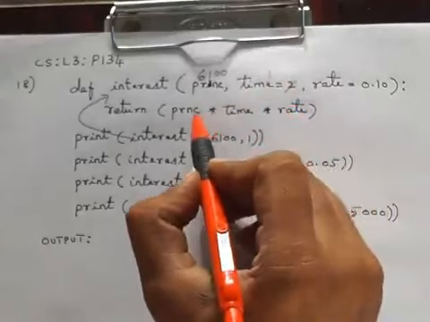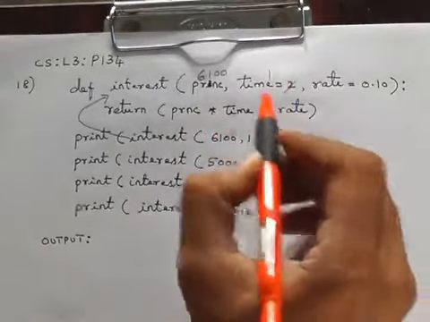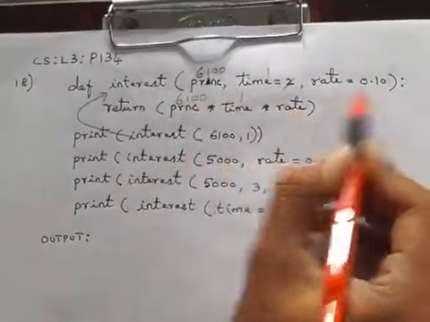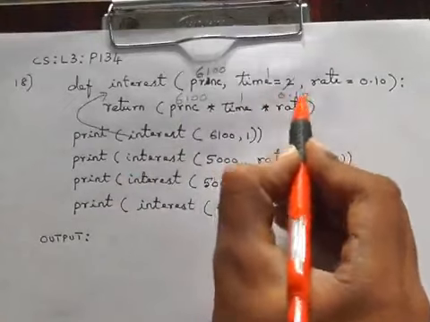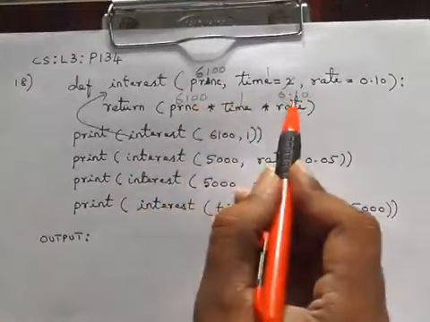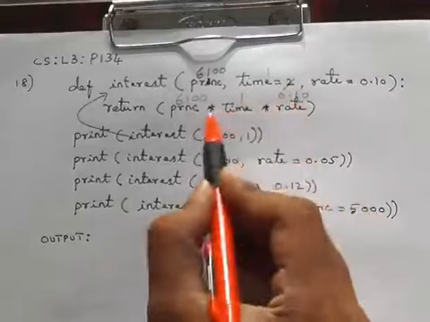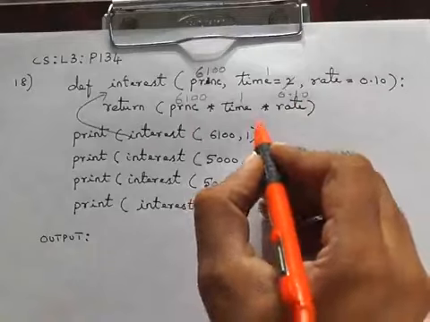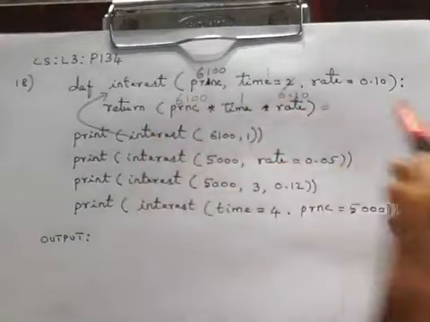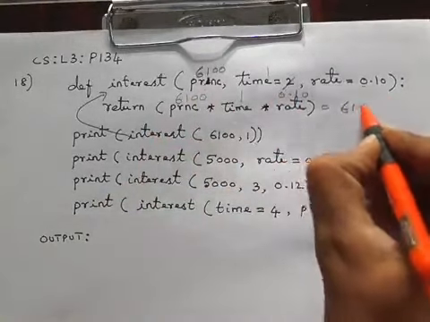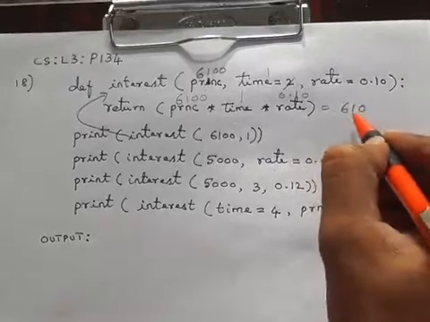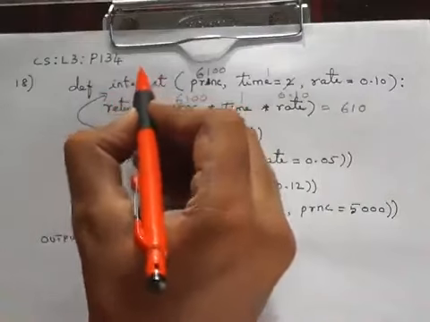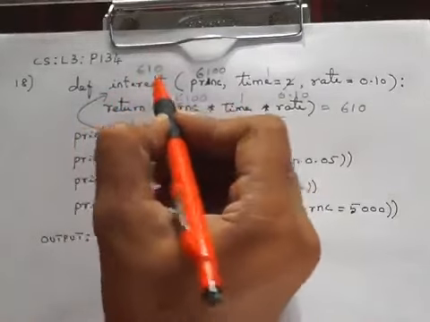Principal into time into rate means 6100 into 1 into 0.10. All these three things will be multiplied, and at last it will be stored here. The value is 610. So this value will be stored in interest. So the interest function value is 610.